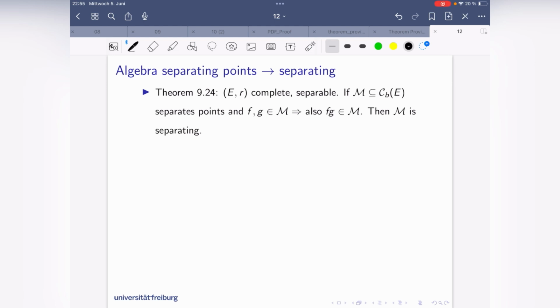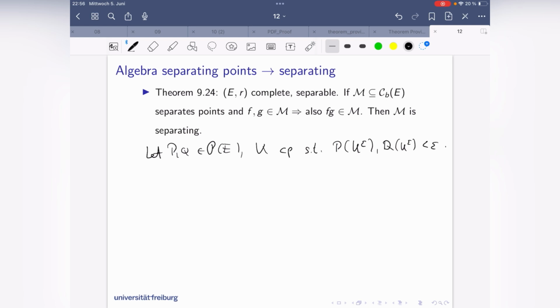Yes. So we start. Let P and Q be probability measures on E. And K is compact such that P on the complement of K and Q on the complement of K have mass smaller than epsilon.